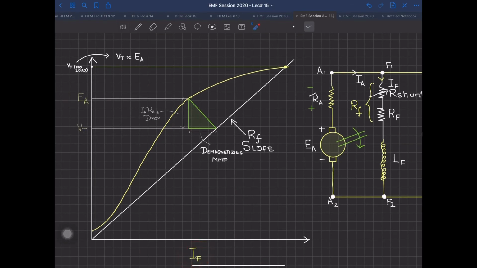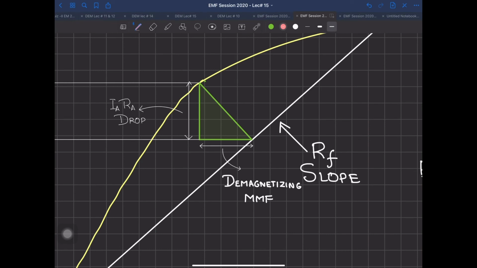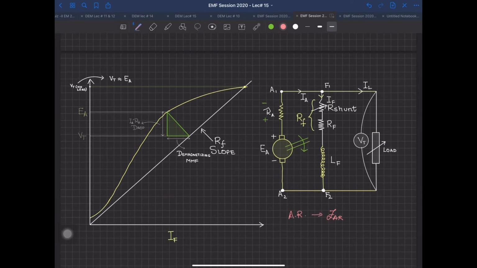And what does armature reaction do? It actually decreases the net amount of MMF available. So this is a demagnetizing MMF. What it does is reduce the amount of IF, or the available or useful IF. So if you have your value of armature reaction and you have converted it into the MMF for the armature reaction reduction, then convert that MMF into your field winding by dividing it by NF, as you may remember from your motor configuration.